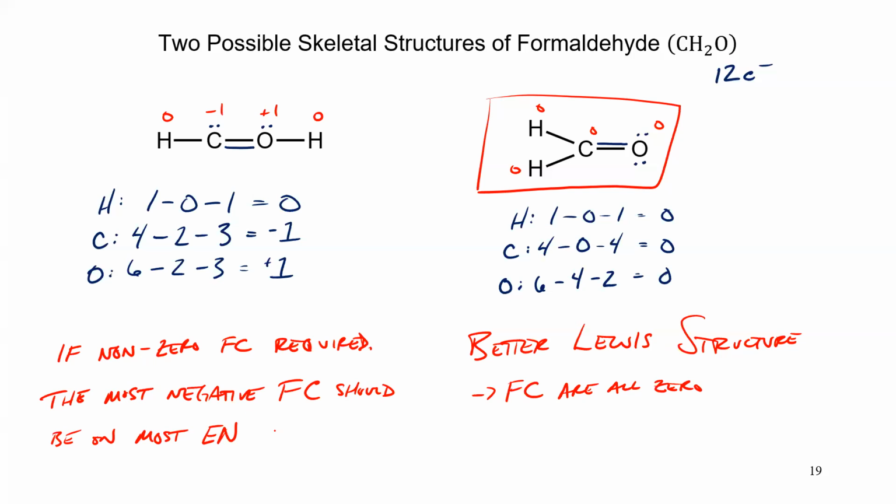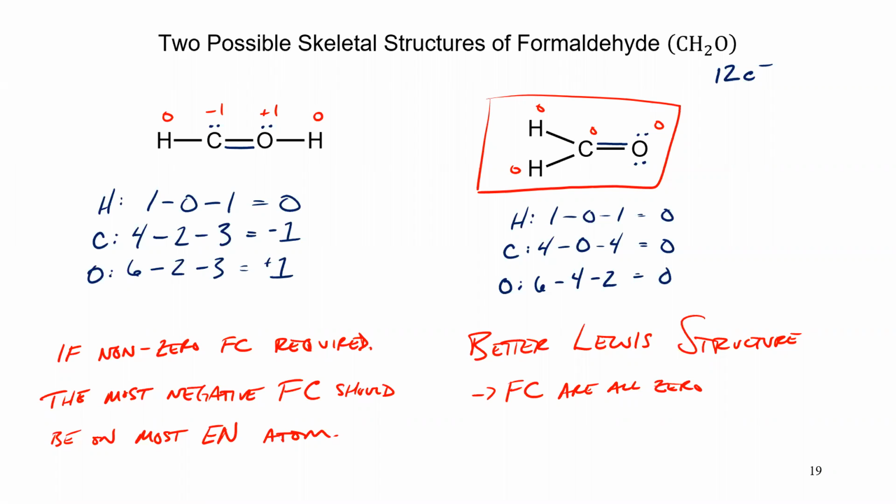Remember, EN is electronegativity. And so even though for the structure on the left all the formal charges add up to 0, it has a strike against it because the negative formal charge is not on the most electronegative atom.